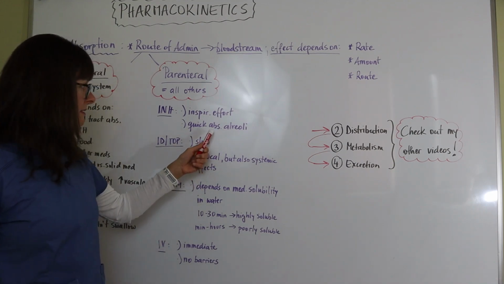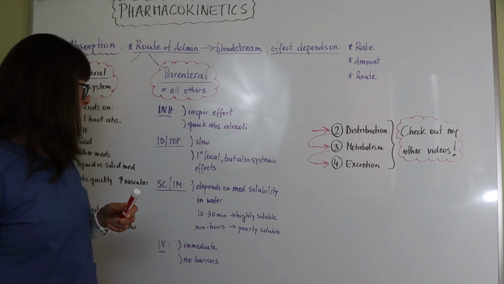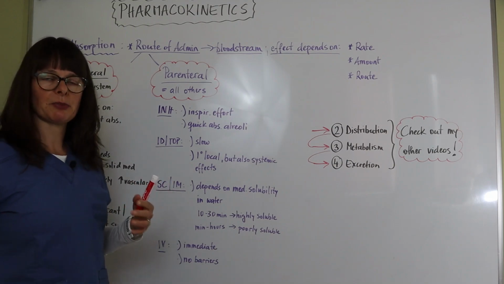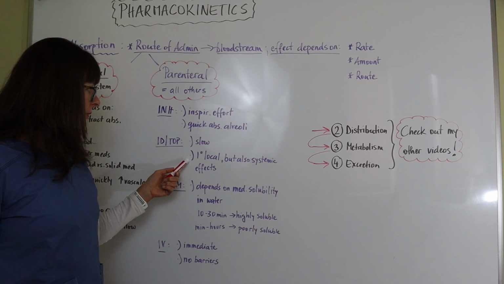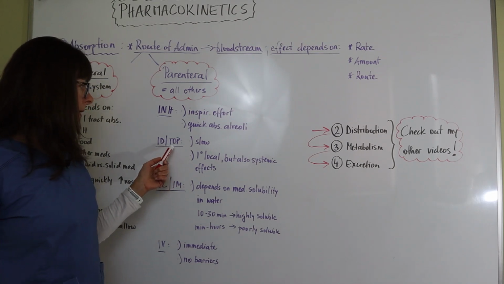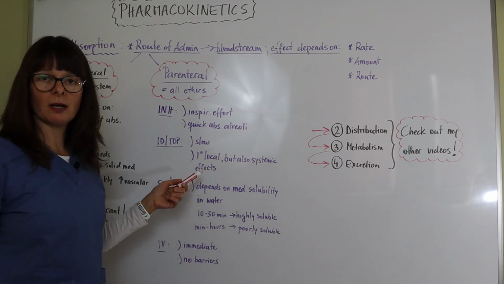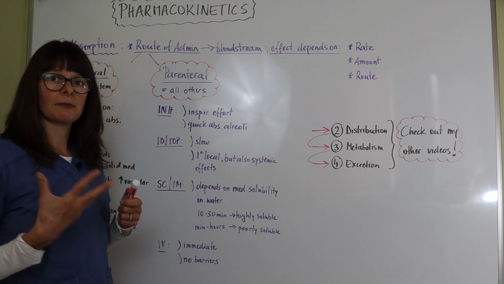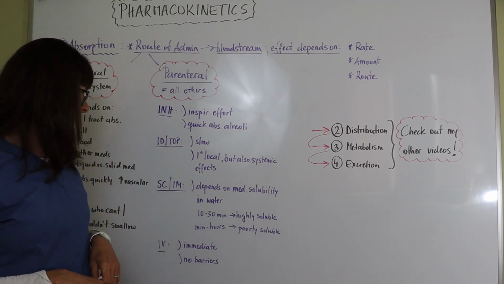So that's a very nice alternative route for some emergency medications specifically. And then intradermal or topical medications, so anything that pertains to the skin is going to be absorbed a little bit slower. Primarily topical and intradermal medications have local effects, but they might also be absorbed into the systemic circulation and have some minor or to a lesser degree systemic effects.